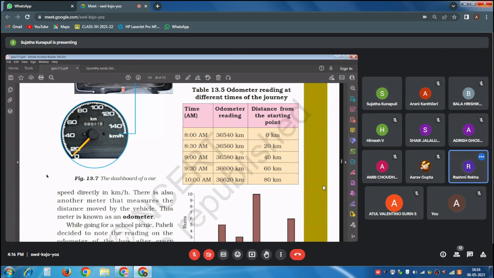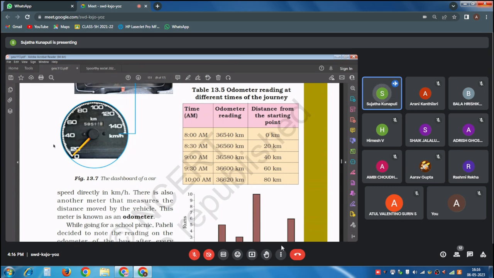At what speed we are going, that is what is called the speedometer. It will show the speed of a car, a bike, or a bus. Any motor vehicle, with how much speed they are traveling, that will be shown on the speedometer.